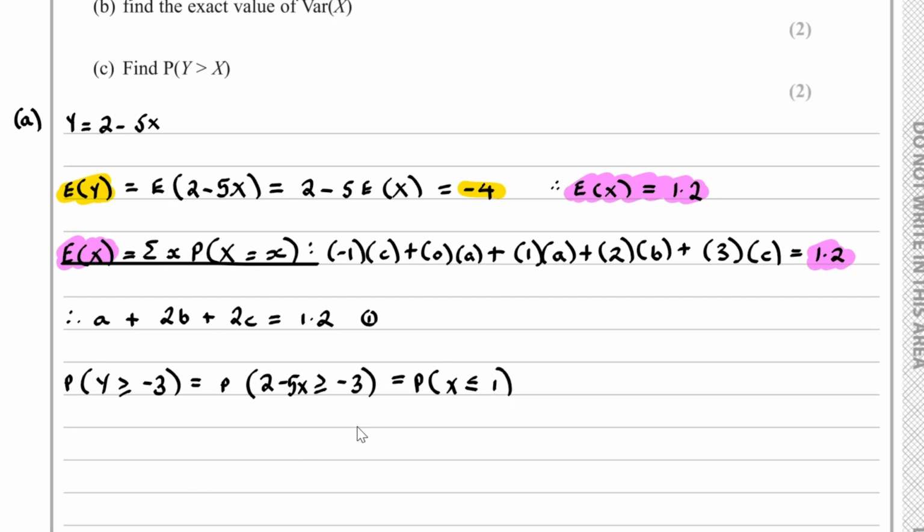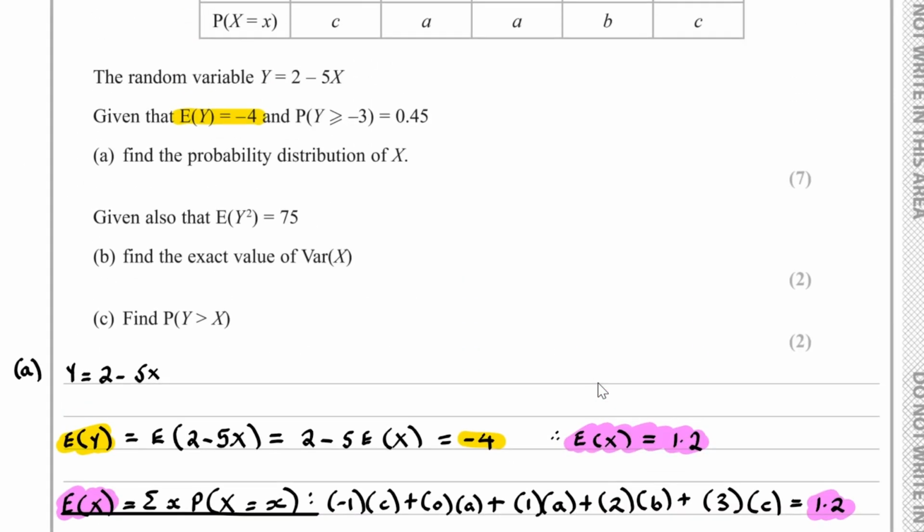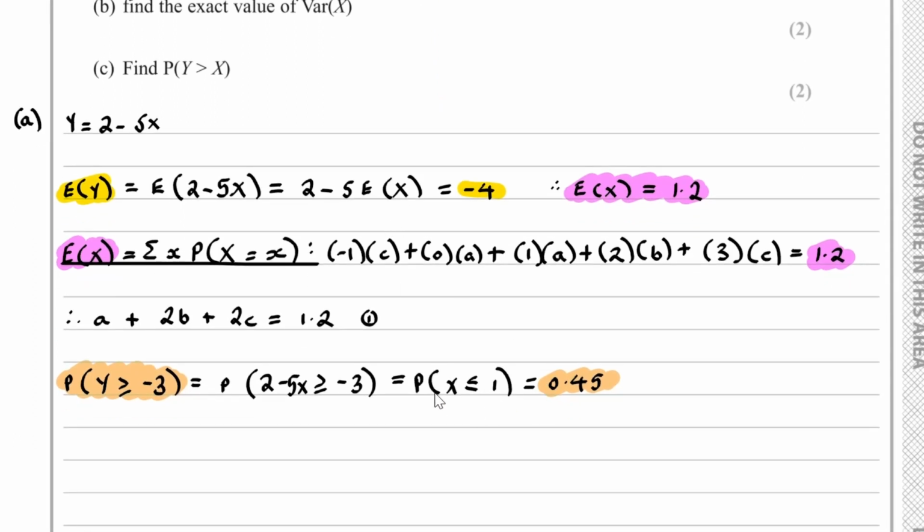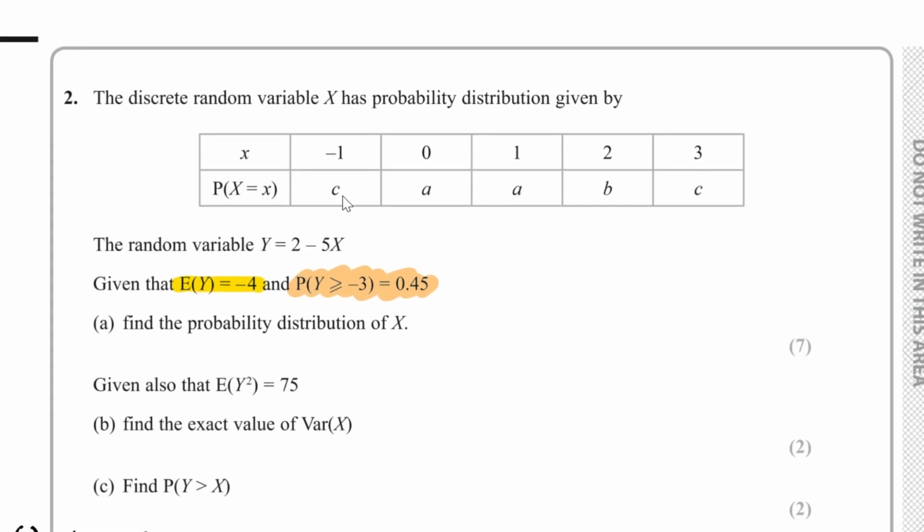Okay, so with this, we know that all this is equal to 0.45, because we were told in the question. So what we have over here is anything that's less than or equal to 1. So we have minus 1, 0 and 1.